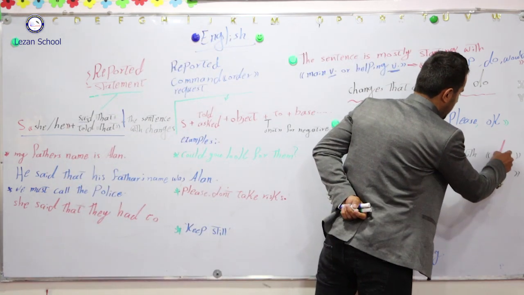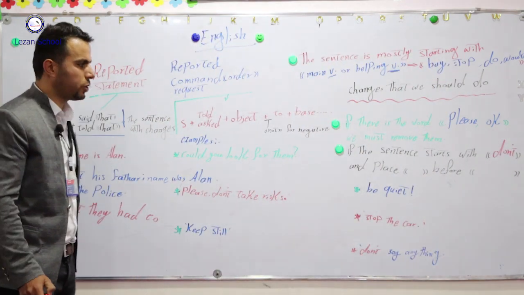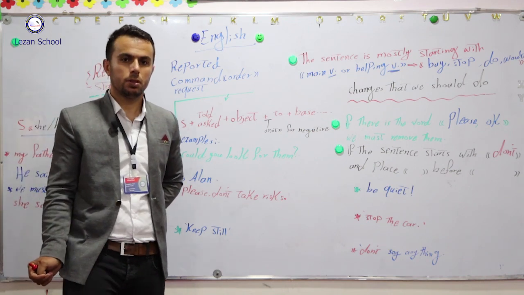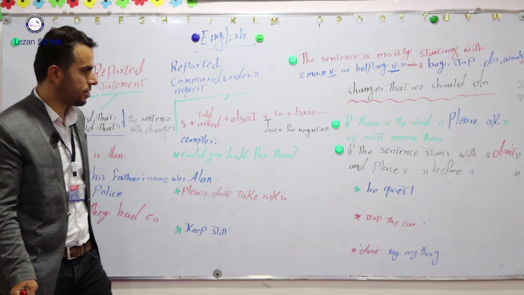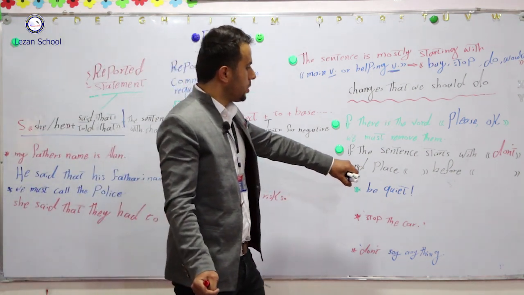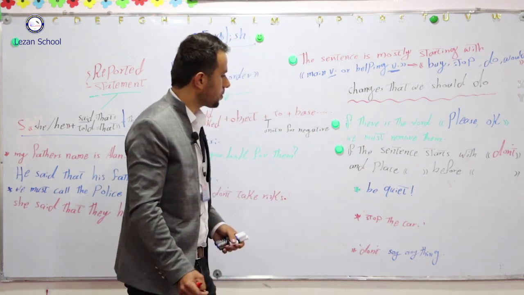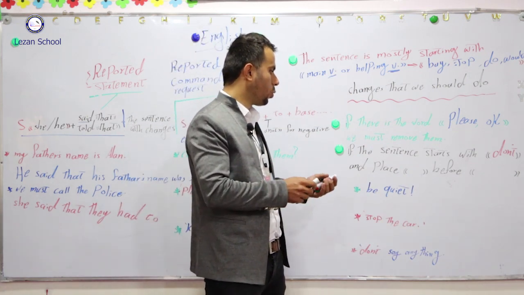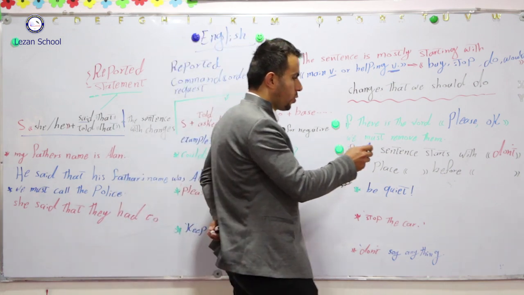Don't. What shall we do? Don't move. Don't comes at the beginning of the sentence. With don't, we must again erase do.